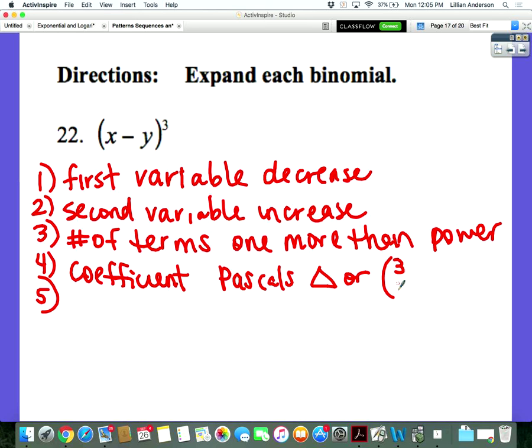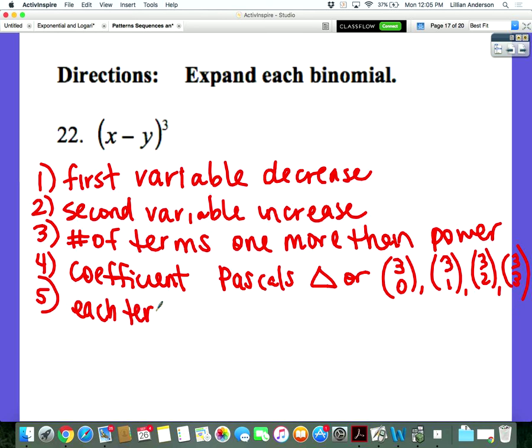Remember, it always goes 3 choose 0, 3 choose 1, 3 choose 2, all the way up to 3 choose 3. That's what the binomial theorem tells you. And the last thing is that for each term, the exponents should add up to equal your power.